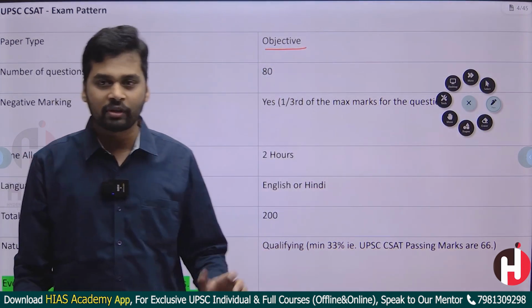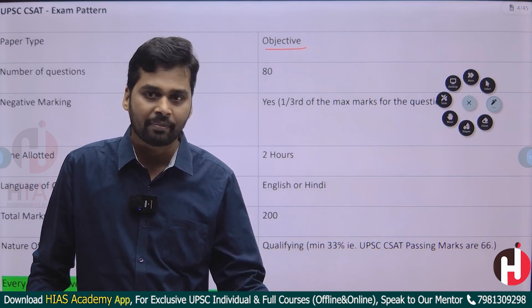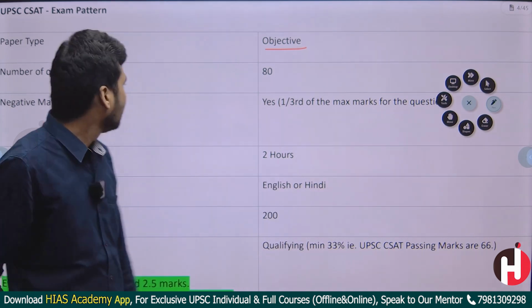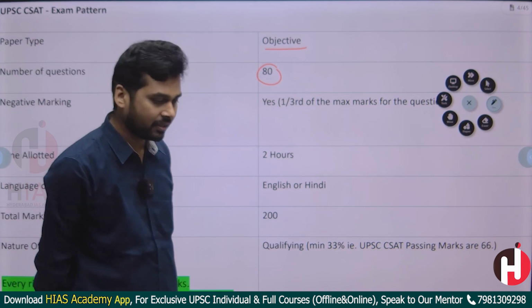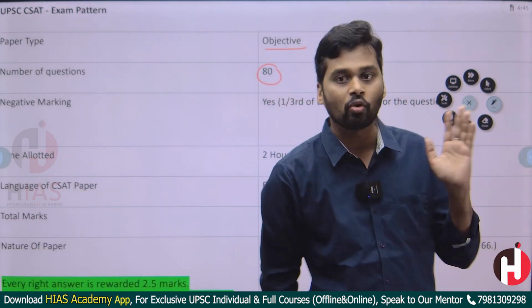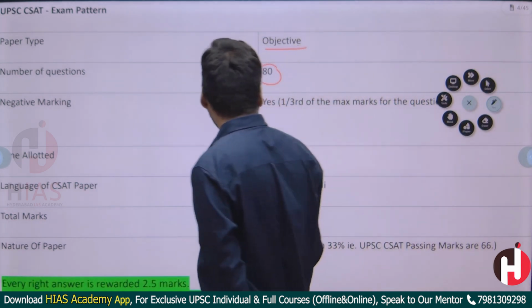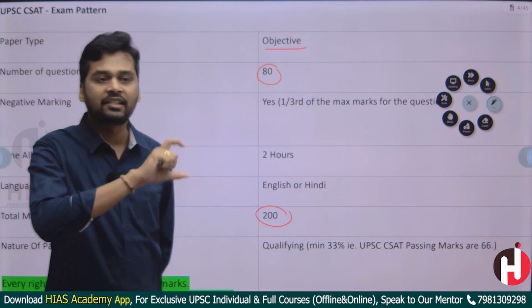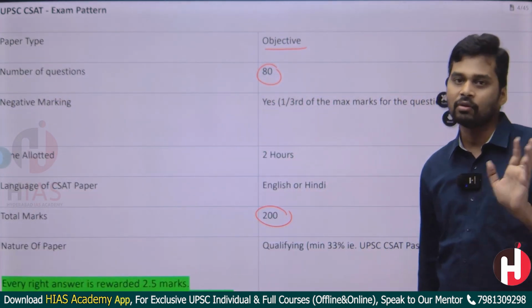Don't think that it is descriptive. Just like GS paper 1, it is objective. And how many questions do we have? In the CSAT paper we have a total of 80 questions, and the maximum marks are 200. So the CSAT paper is for 200.